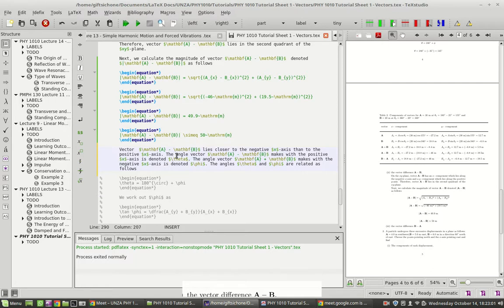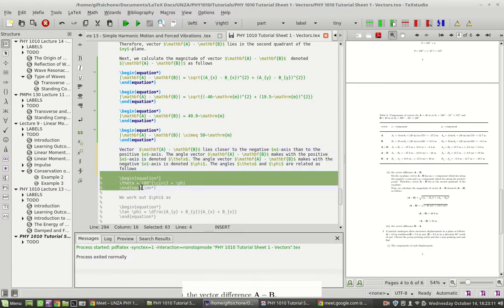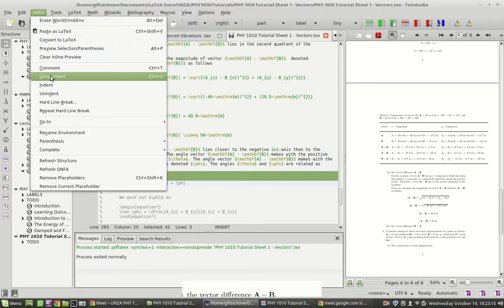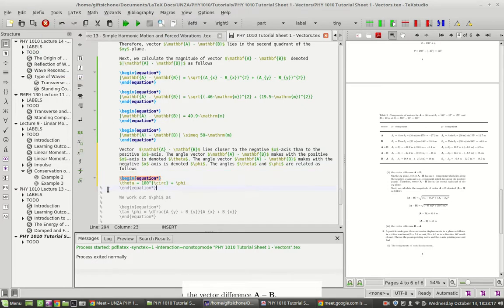There is theta from the positive x-axis, there is phi from the negative x-axis, and we know that these angles, theta and phi, in the second quadrant, are related as follows.